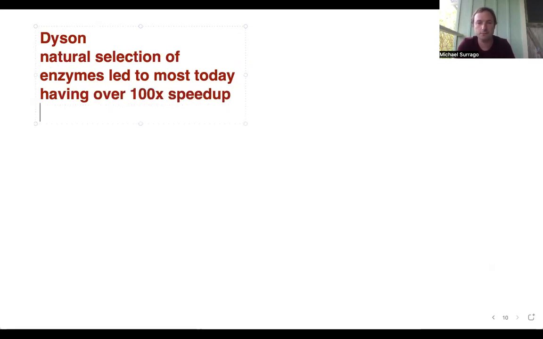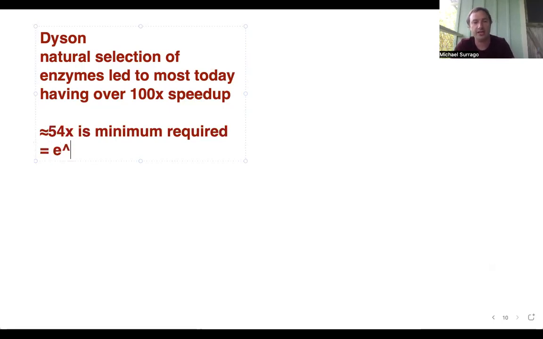Speed up, but 54x is the minimum required. And I think the reason it's 54 is that it's approximately e to the fourth power. Is that right? Yeah.